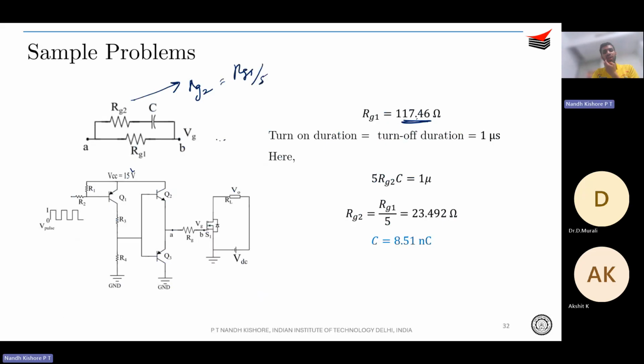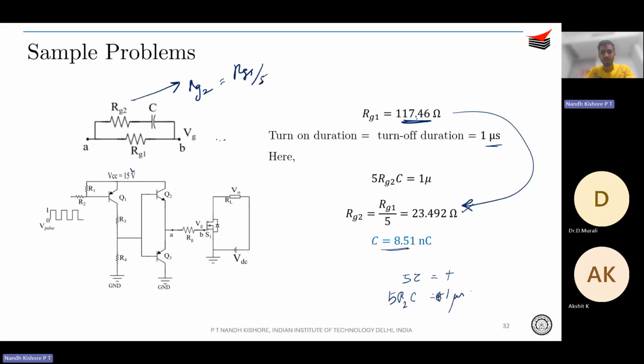So you know RG2 from knowing RG1. Since your turn on and turn off durations are the same, about 1 microsecond, tau is equal to the turn on duration. So tau is equal to R2 into C, that is your 1 microsecond. From this you compute C.